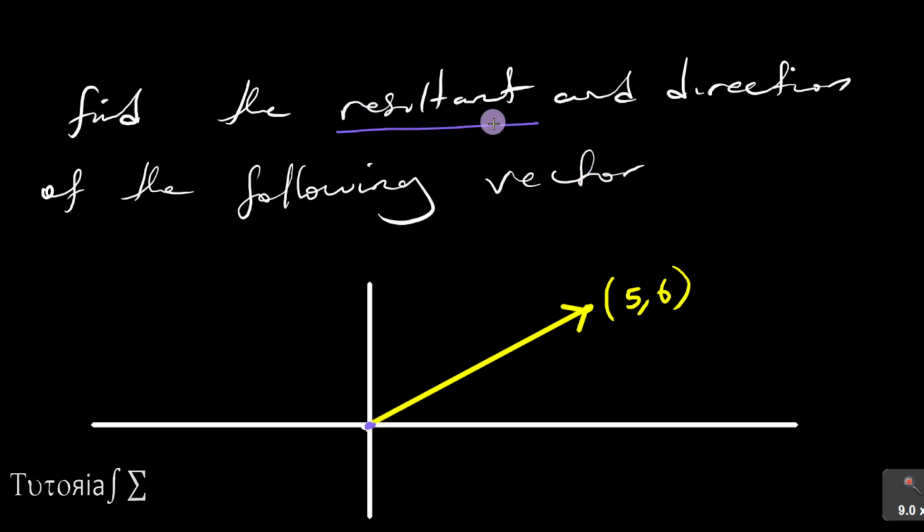To find the resultant, I need the distance in the x-axis, from here to there. What corresponds to the x-axis at that point is 5. So this distance is 5.